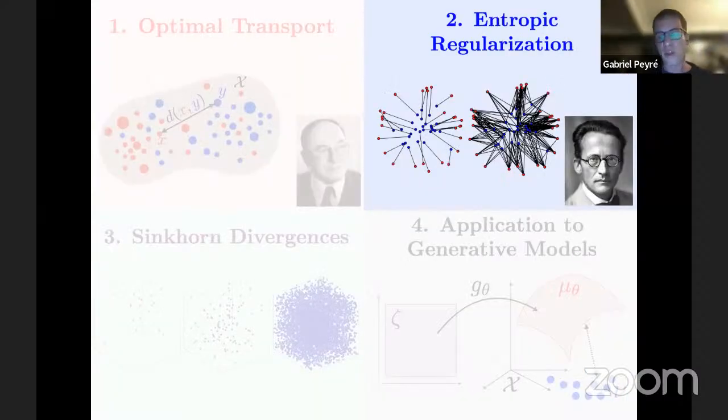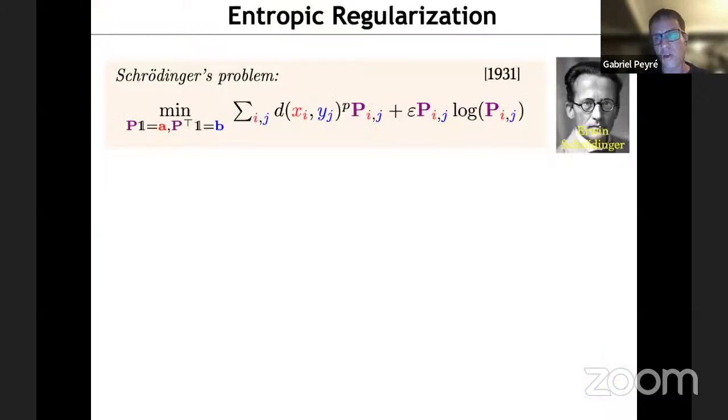And this algorithm actually is very old. You can trace it even before Kantorovich, through previous work, for instance, in statistical physics, statistical mechanics. First, I would say it appears in the work of Erwin Schrödinger, who was describing in statistical physics basically the evolution of gas. So it's often called Schrödinger's problem.